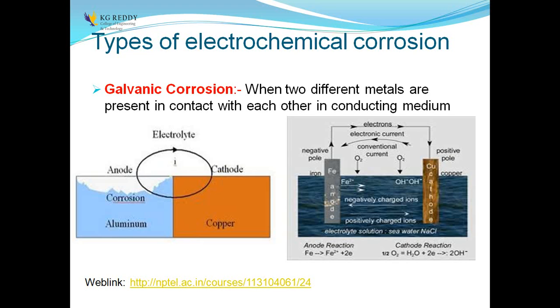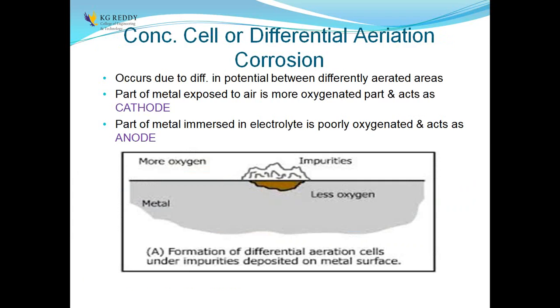So this is galvanic corrosion: two different metals are present in the same solution, so a potential difference exists. The metal with the lowest reduction potential value acts as the anode, and the metal which acts as a cathode undergoes a reduction reaction.